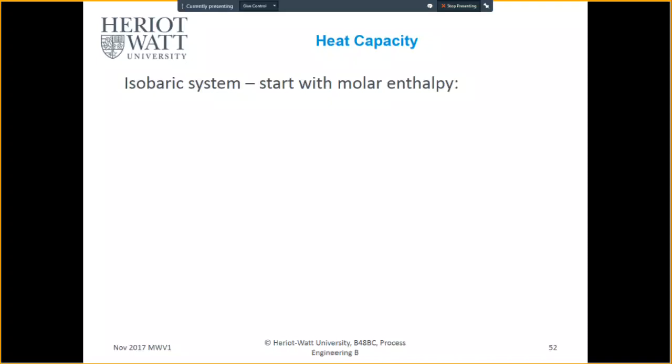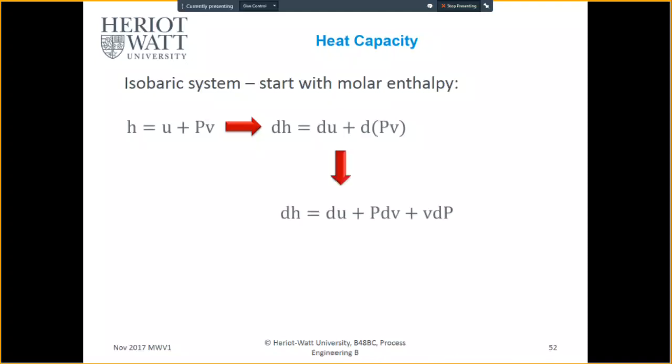For an isobaric system, we will start with the molar enthalpy. You know the enthalpy equals the internal energy plus PV. Right? So there is no pressure change. Hence, the change in enthalpy equals dU plus d(PV).